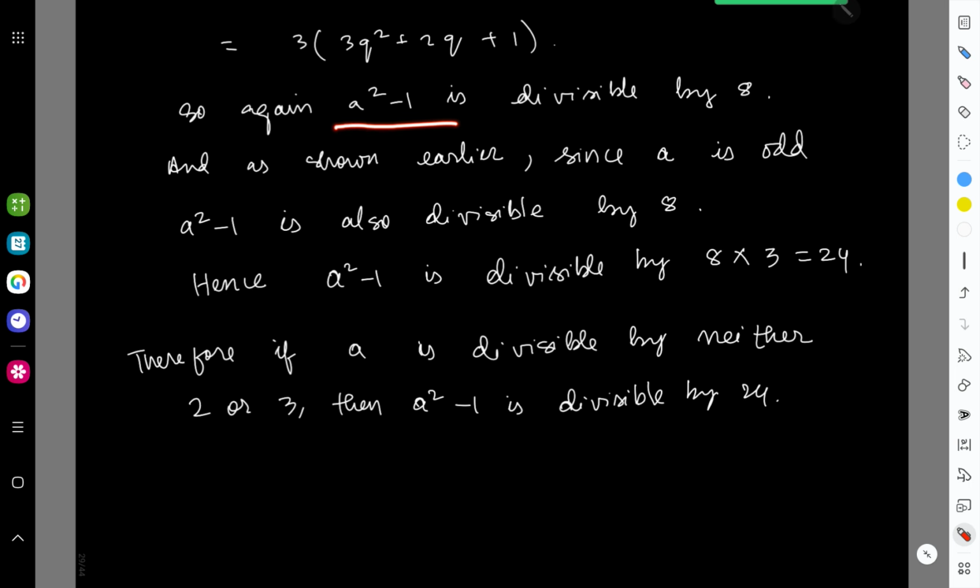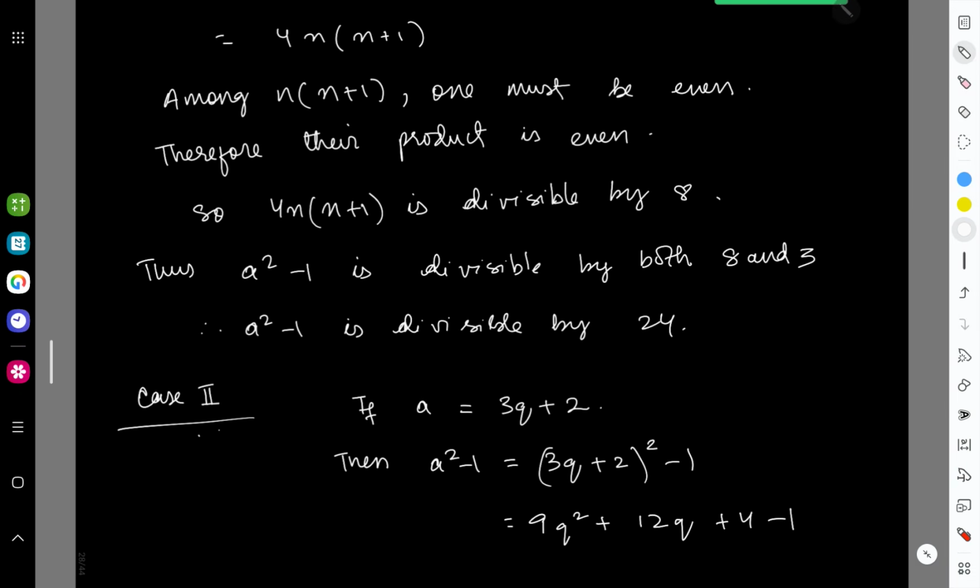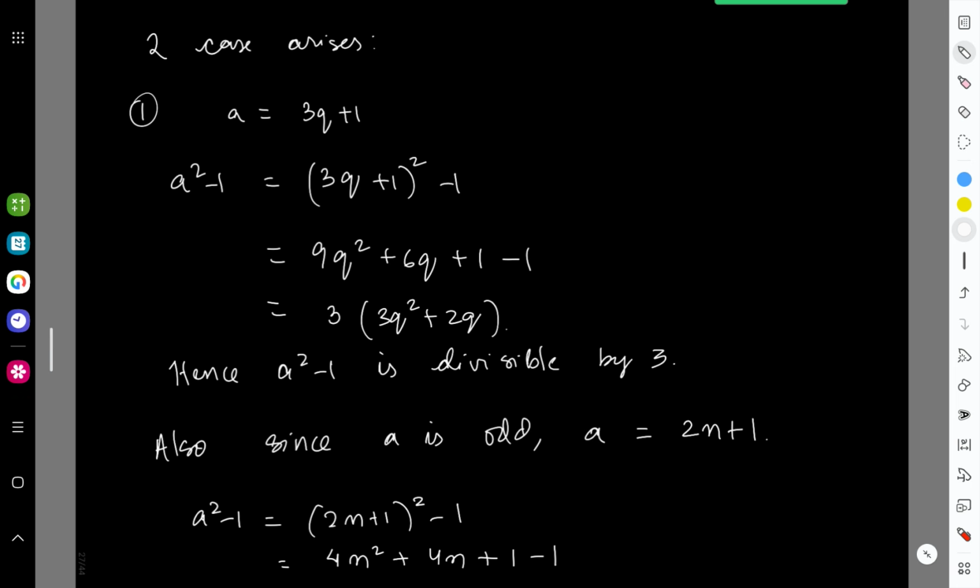And again, a squared minus 1 is divisible by 8 as well, because we have shown in case number 1 that a is odd. You can see from here the same follows.